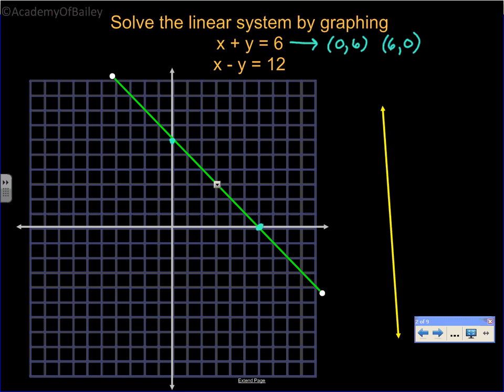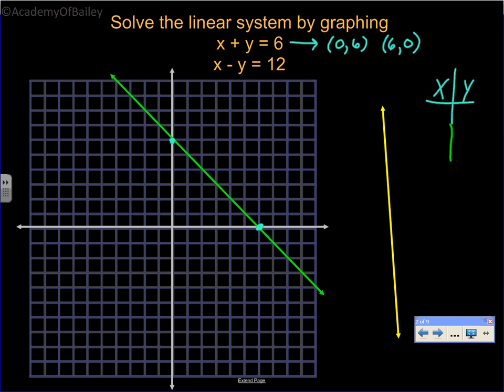Now for the next one, x minus y is equal to 12. If I were to try and graph that, the intercepts would be 12, 0, and 0, negative 12, and that's not going to fit on our graph. So I'm just going to make a little XY table right here real quick, and I'm going to pick values that I'm certain will work.